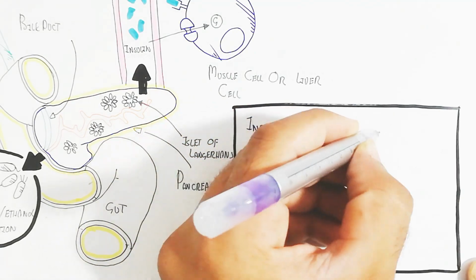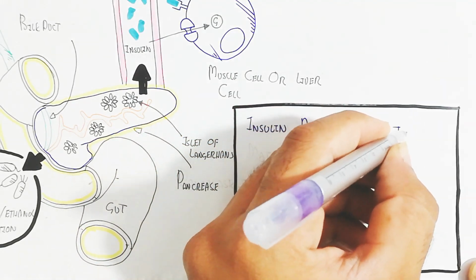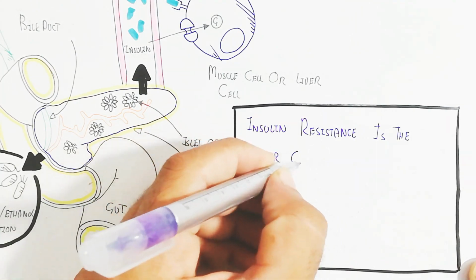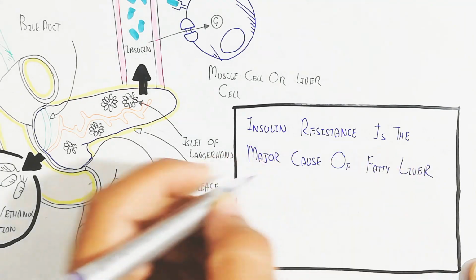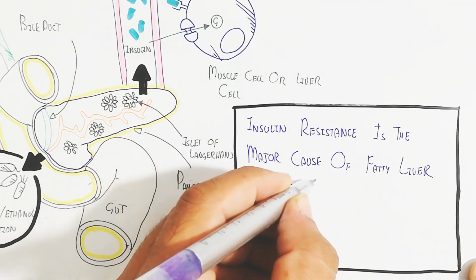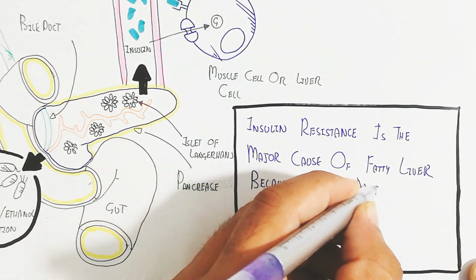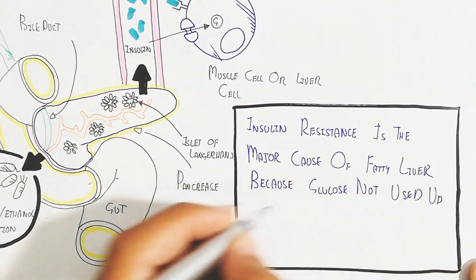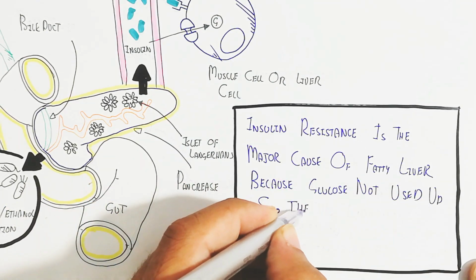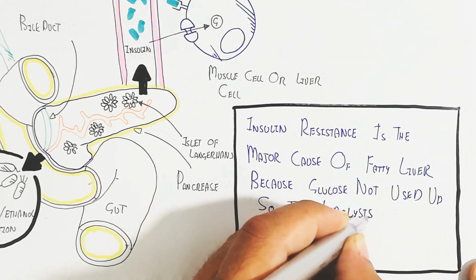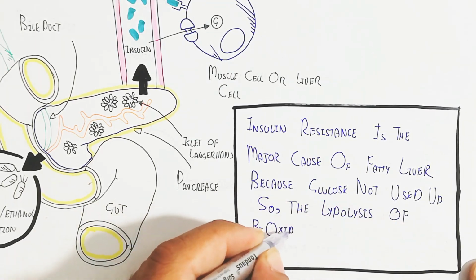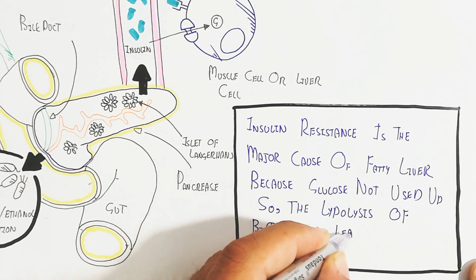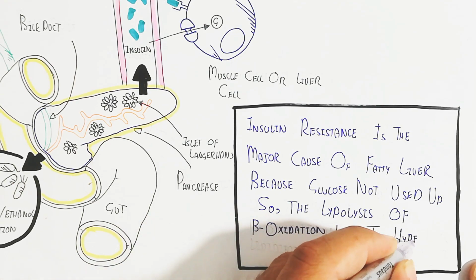So anyhow, this is the fatty liver progression as the pathophysiology. Insulin resistance is the major cause of fatty liver because glucose is not used up. So the lipolysis and beta oxidation lead to hyperlipidemia in the liver. Fat accumulation will cause fibrosis and cirrhosis, will lead to cancerous change of the hepatocyte, and cause cancer in the liver.